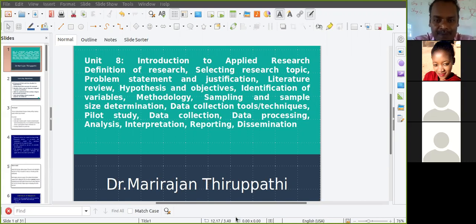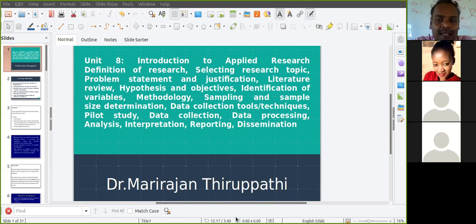applied research. More or less, the methodology, when you're looking at the course outline, the research methodology, not exactly everything the same, but certain things come the same. All the research methodologies were applied in different fields, including health.